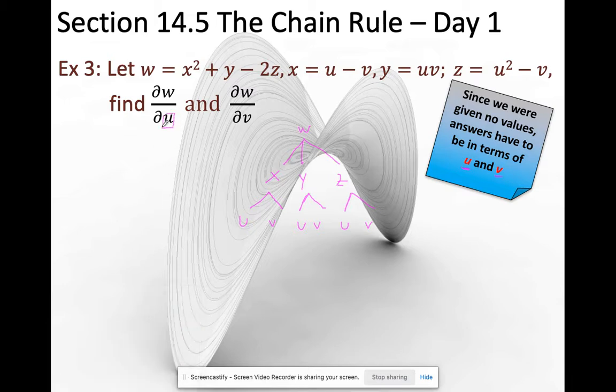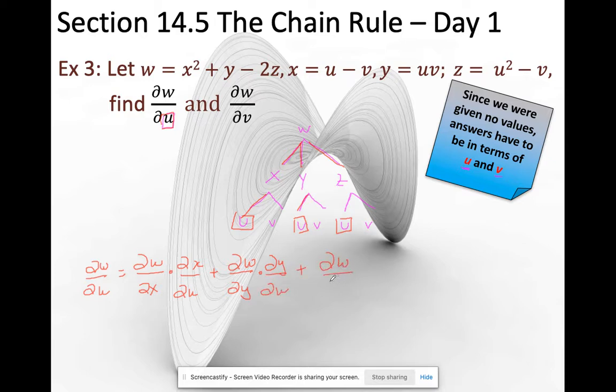So let's use the tree and figure out how do I get from W to a U. 1, 2, and 3. So, right? C the chain, B the chain.